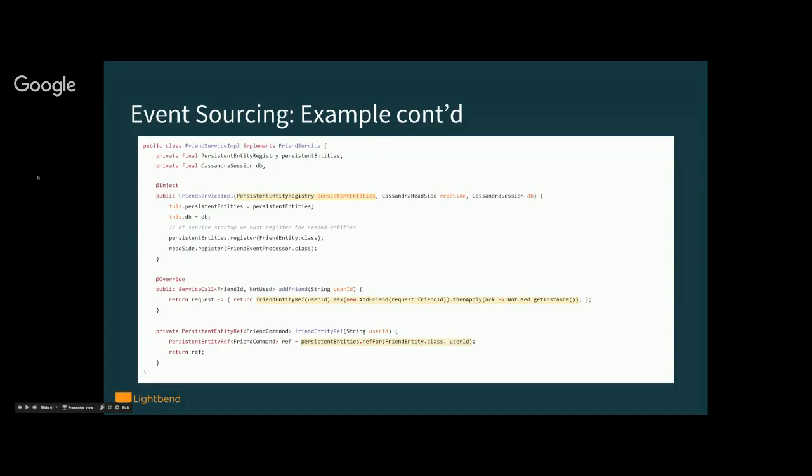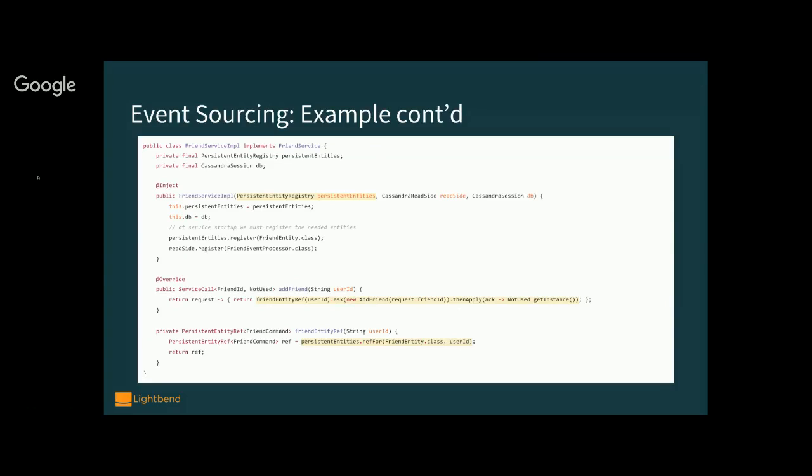And then we go into the implementation, and we add the additional code that's required to add that. So we see we added persistent entity registry, and down there in the service call addFriend, we're essentially going to return an entity ref, and we're going to do an ask. An ask is a succinct way to do essentially a future and a promise combined in Akka that gives you the ability to provide a callback.